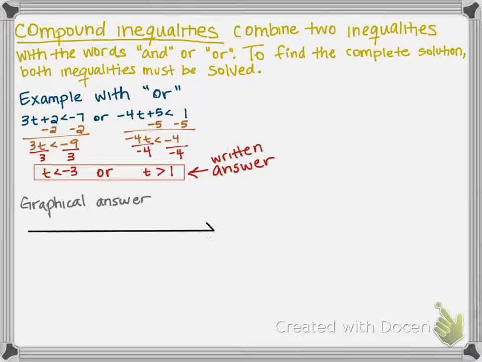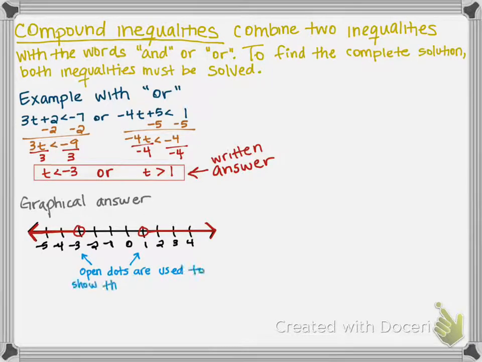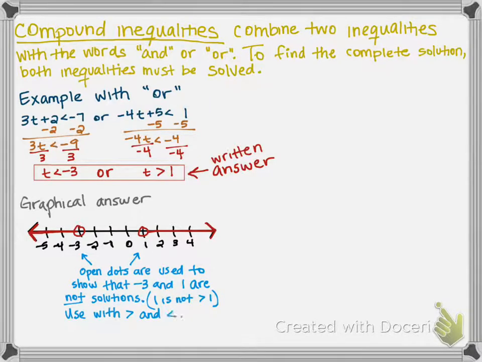So for the graphical answer, we have our number line here. You write it as if you're answering both, or graphing both. First, I showed everything to the left of negative 3, saying t is less than negative 3. But then I also bolded the area to the right of 1 to show that t could be greater than 1.